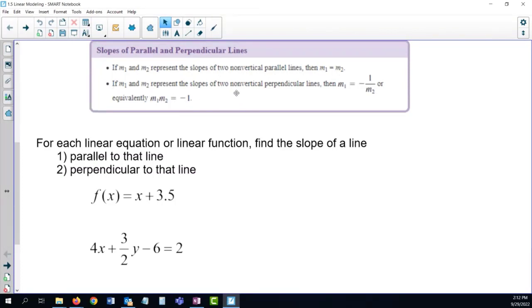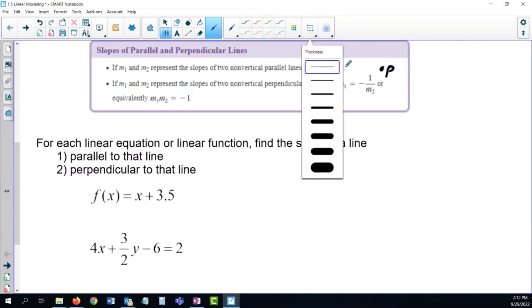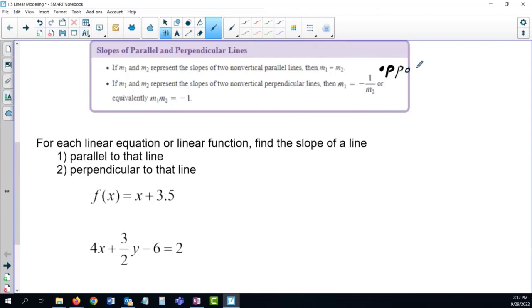If the slopes are of two non-vertical perpendicular lines, then m sub 1 is equal to the opposite reciprocal of m sub 2.